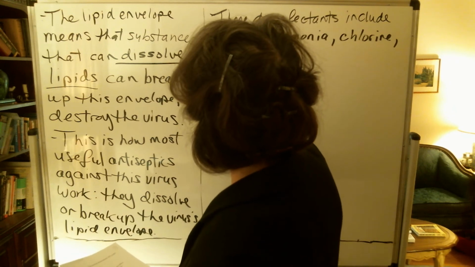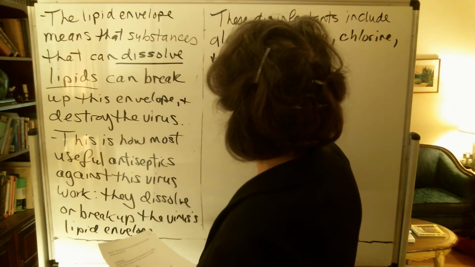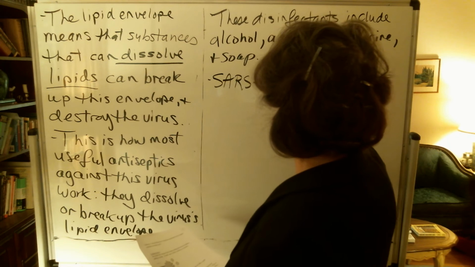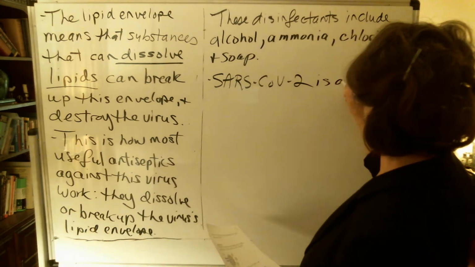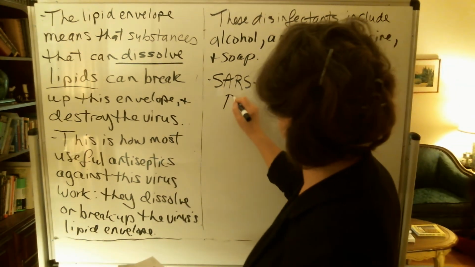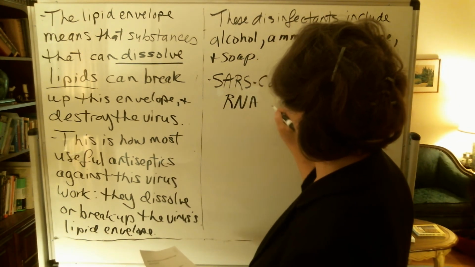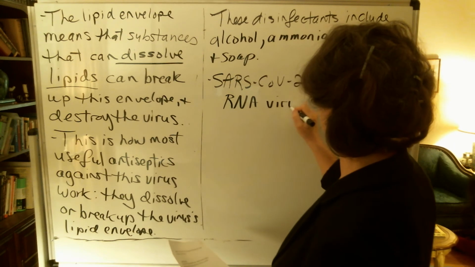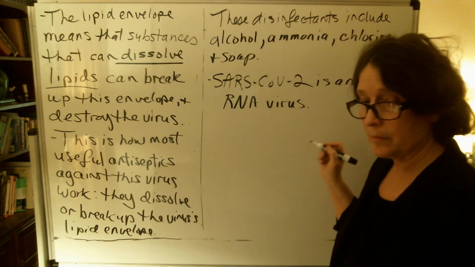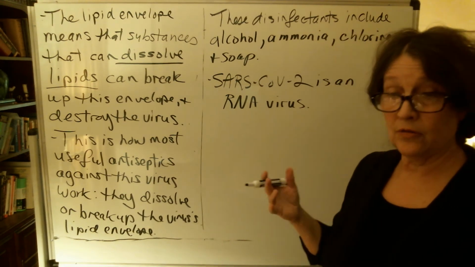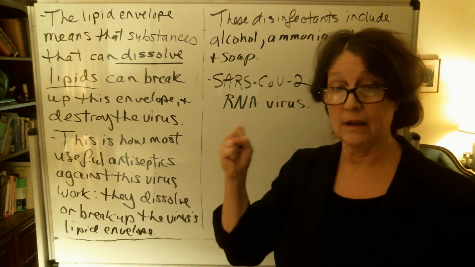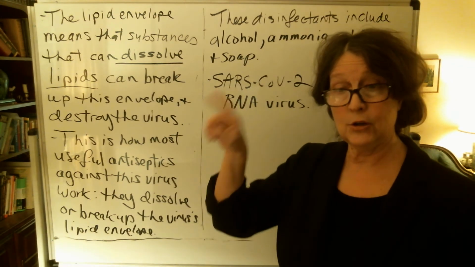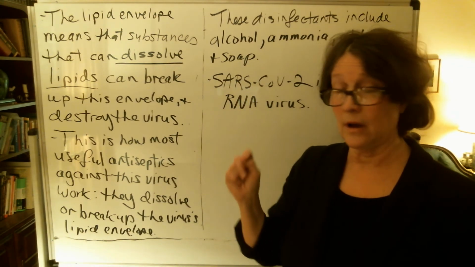So SARS-CoV-2 is an RNA virus. So remember what I said before, a virus is basically a nucleic acid, either DNA or RNA on the inside, and then you have around it some kind of an envelope.